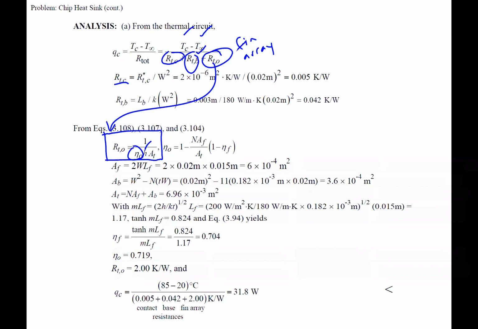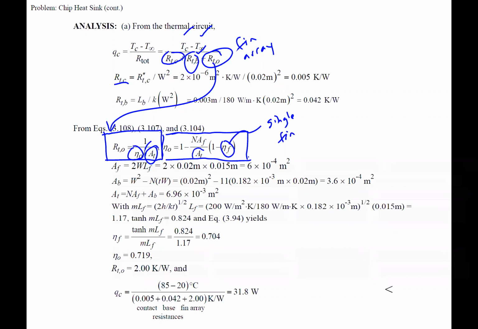So we have the overall efficiency of the array and the total area of the array. First off, the overall efficiency is this equation you see here, which has a single fin's efficiency.